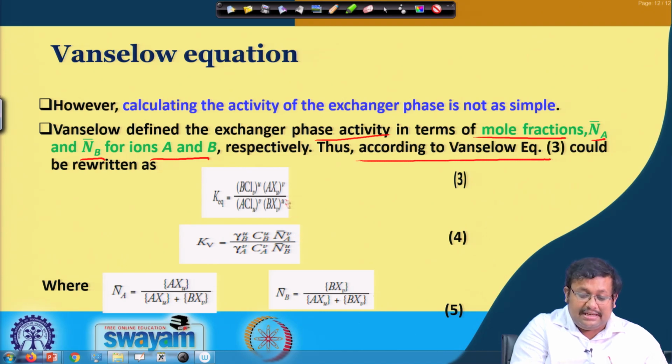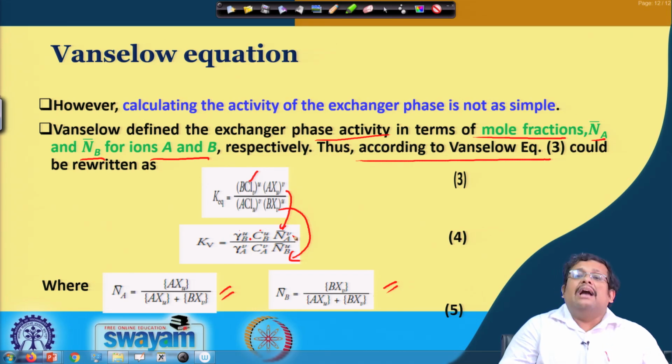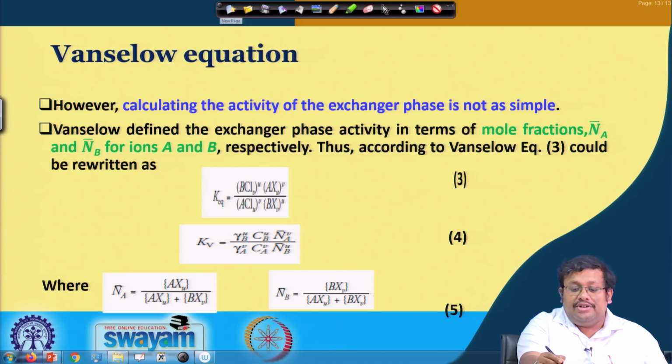This exchanger phase is represented by this mole fraction, where this mole fraction can be represented by these two equations. So, we can simplify these as this Vanselow coefficient, and you can see this term is the multiplication of the solution activity coefficient of that particular ion with the equilibrium molar concentration, and multiplied by the mole fraction of that particular ion. So, this is how this ratio will calculate the Vanselow coefficient.